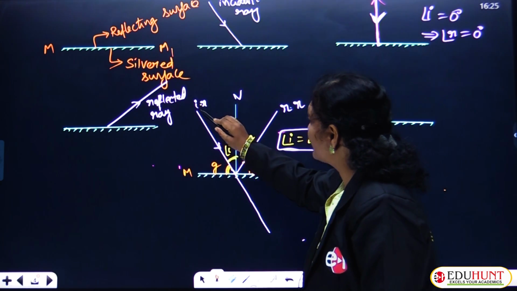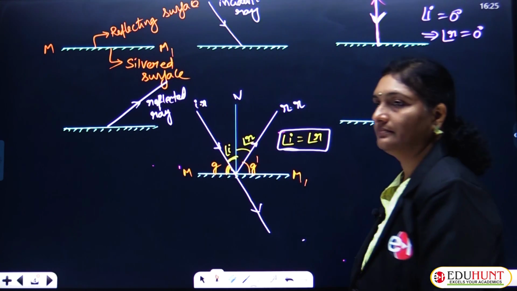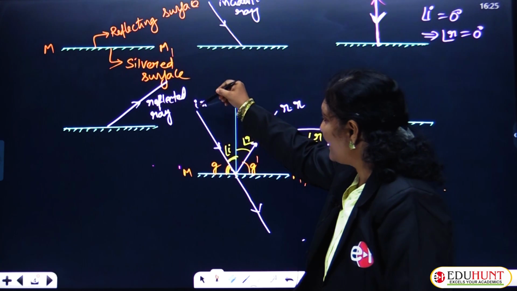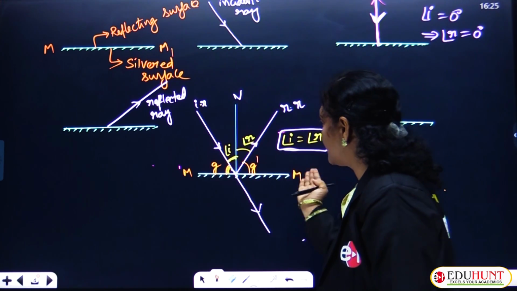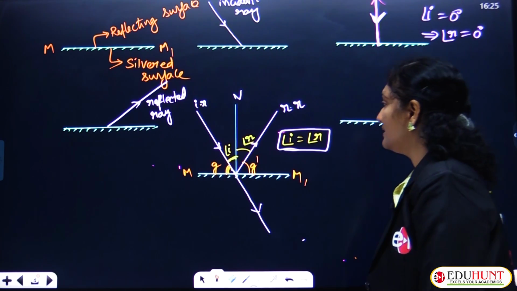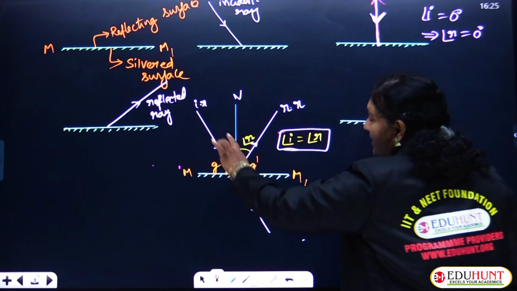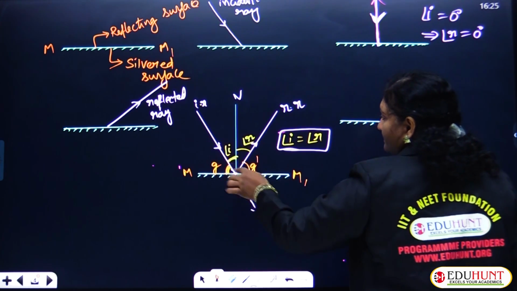The light ray actually has to pass straight ahead like this. But instead of going straight like this, because of this surface separating the media, the light ray is taking this path.